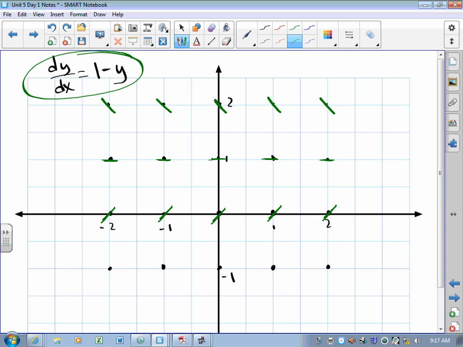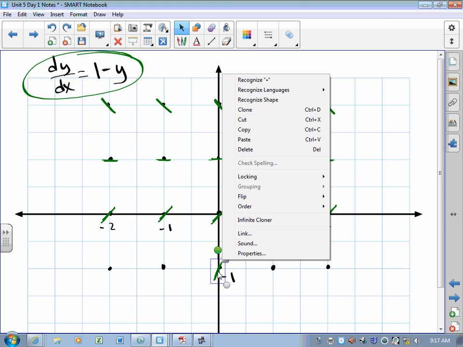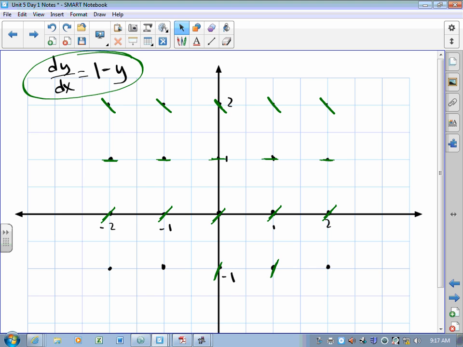And then down at the bottom, when y is negative 1, those slopes are 2. That's a little bit steeper. And so we'll clone that, and we'll pop it over everywhere y is negative 1. So we can discern that for y values below negative 1, the derivatives actually get more steep.